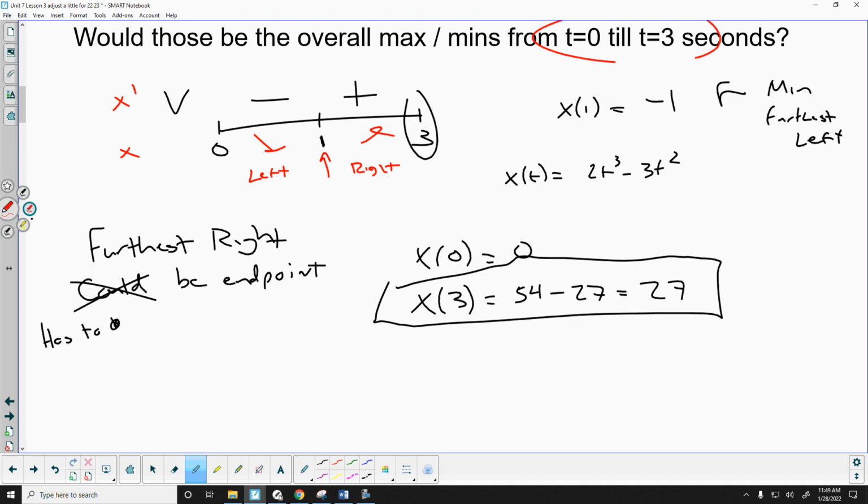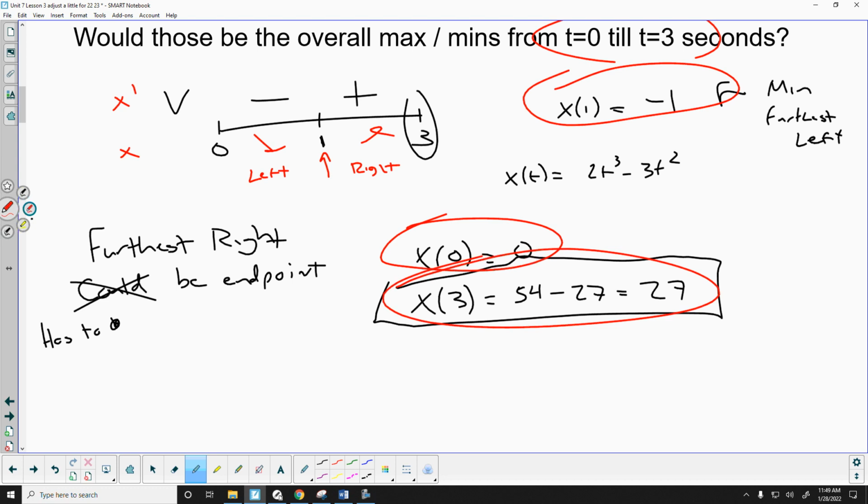Now, what we did is really, we found the position at all of our candidates. And we just compared them. What are our candidates for maxes and mins? Well, it's typically when derivatives equal 0. But now we also need to check endpoints.